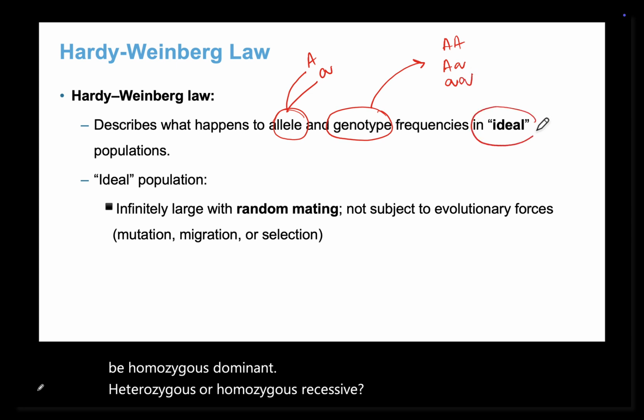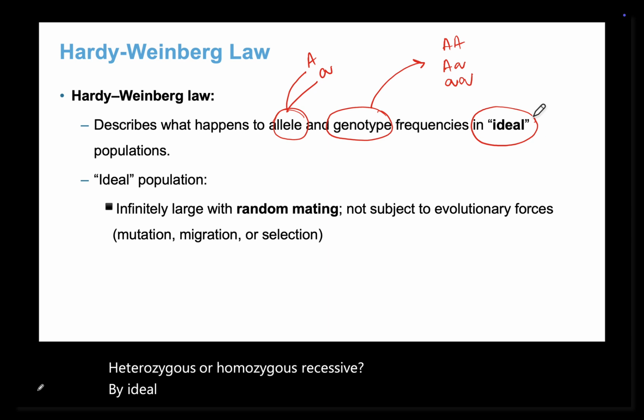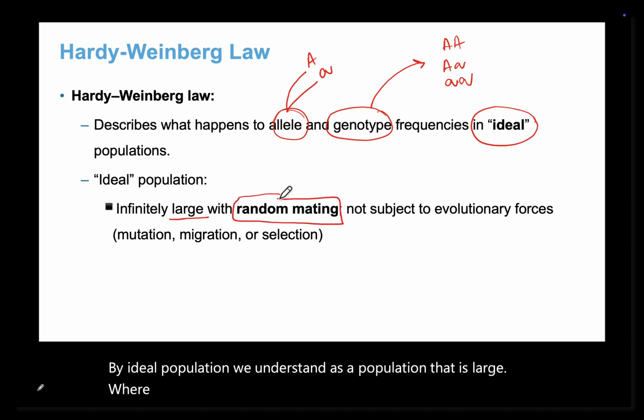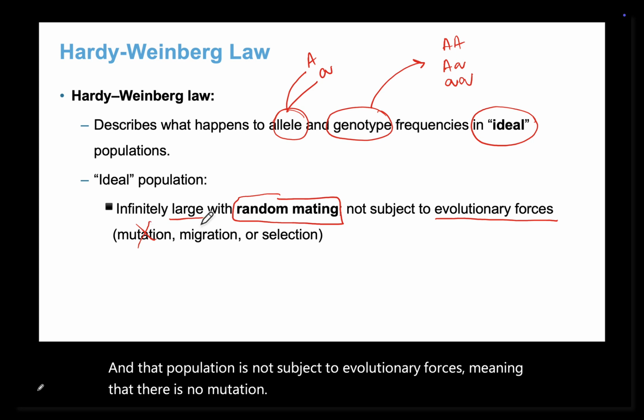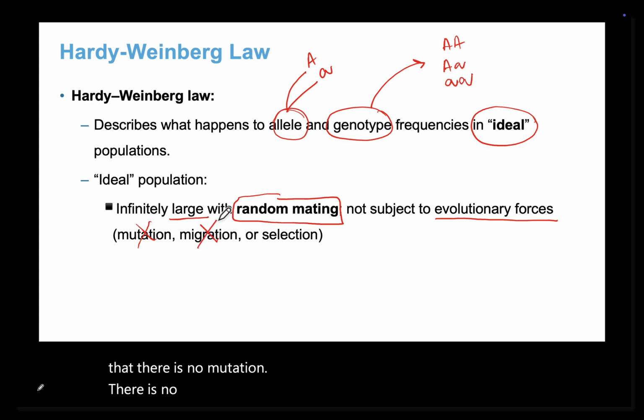By ideal population, we understand a population that is large, where mating happens randomly, and that is not subject to evolutionary forces, meaning that there is no mutation, there is no migration, there is no natural selection or genetic drift.